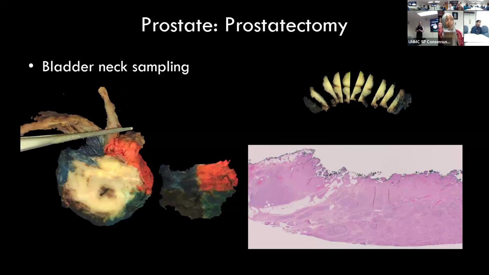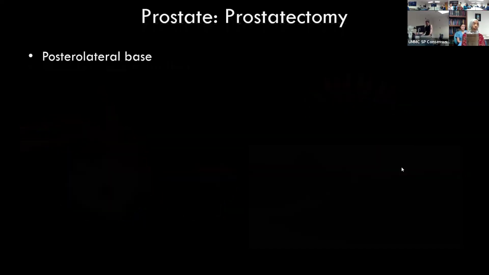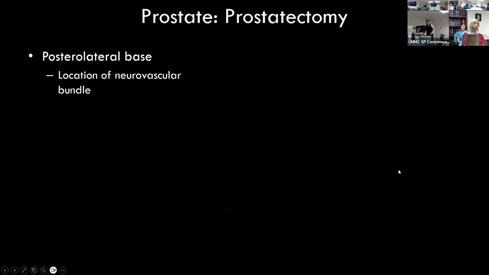Sometimes the surgeon may not get it, but it's important to specify what exactly you see there. If the margin is positive, just say the margin is positive at the base of the prostate. Do not say it's positive in the bladder neck, okay? Even though the section may be submitted by the person who grosses it as bladder neck. You need to see this anatomy. So that's the importance of the bladder neck.